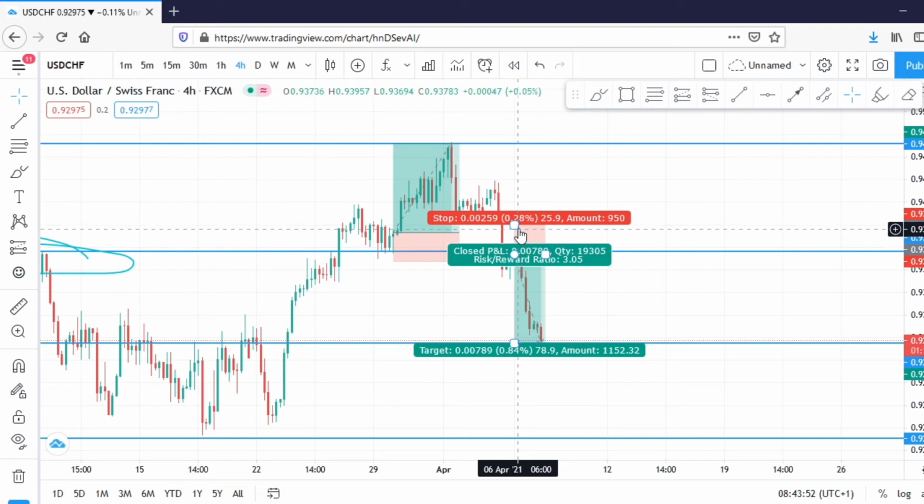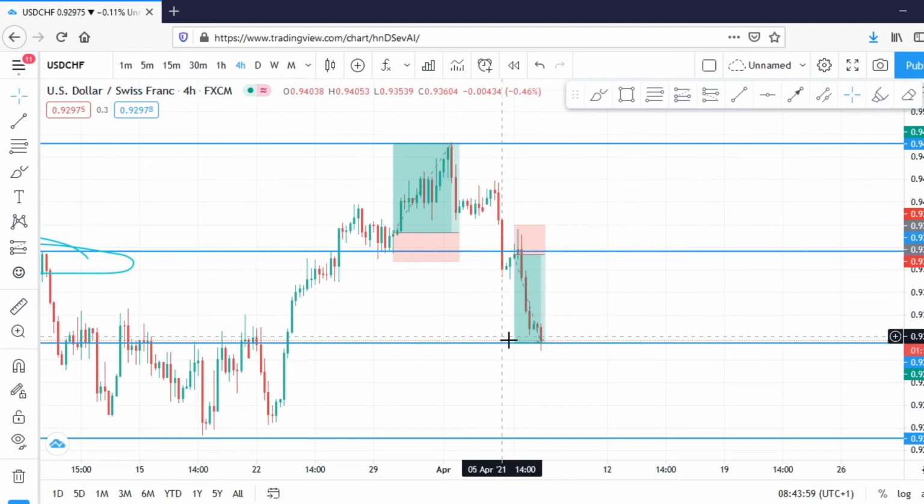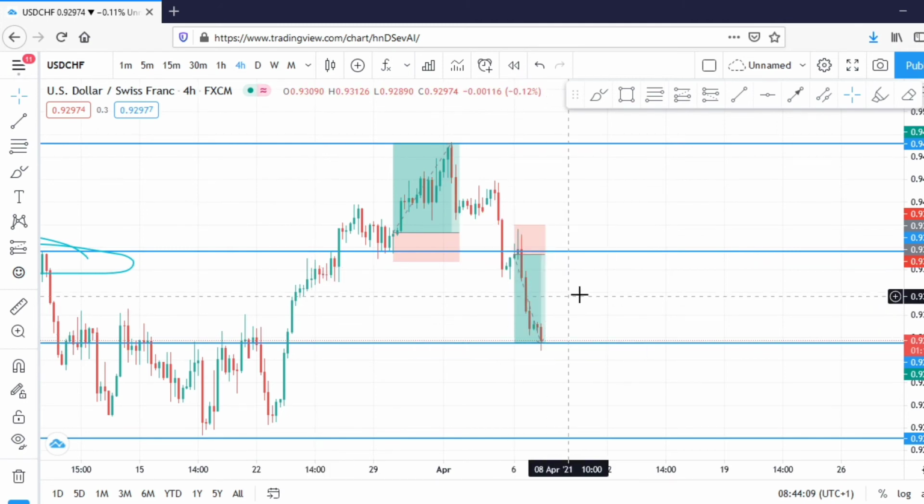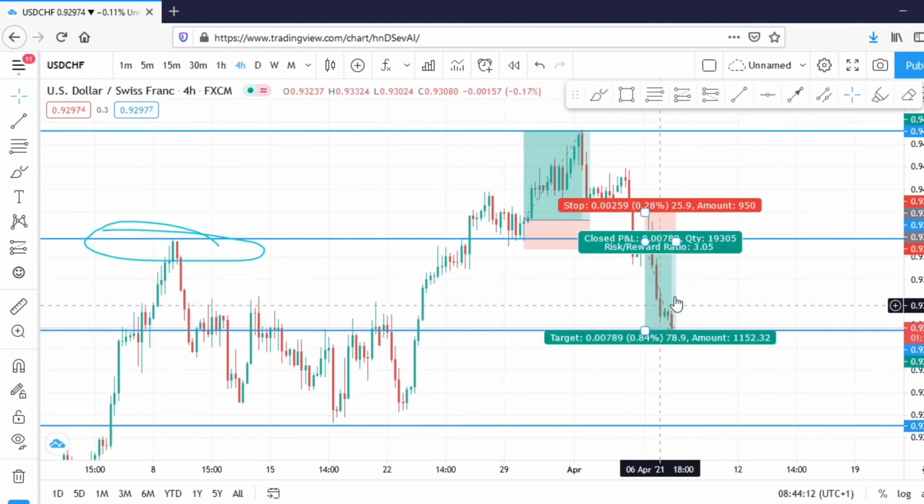I put my stop loss just above the tail of the shooting star, and my take profit at the next significant support level, which was this, because this was a resistance level before it was broken. And as you can see, take profit hit.